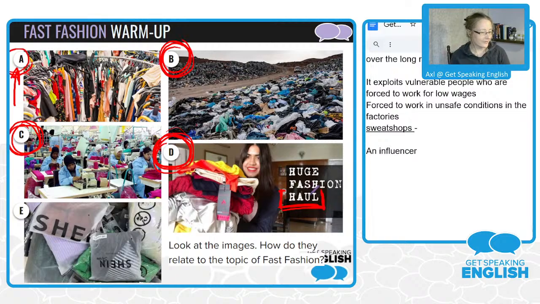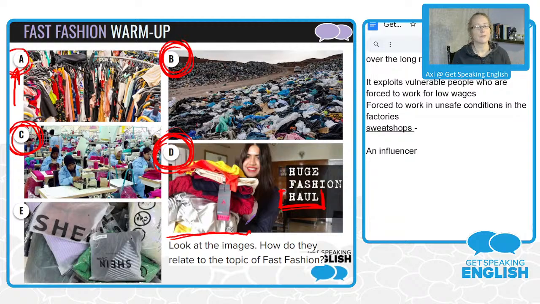A haul is that practice where influencers or just people in general will buy a lot of things at once. So you can see here that this person looks like they bought all of these articles of clothing all at once, with the intention of maybe trying them out, seeing what they like, what they don't like.